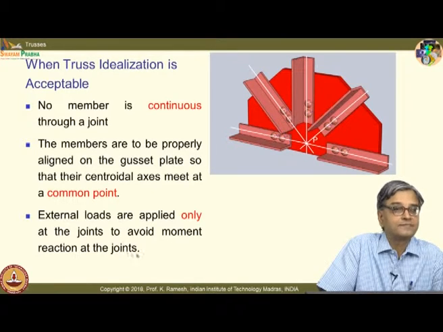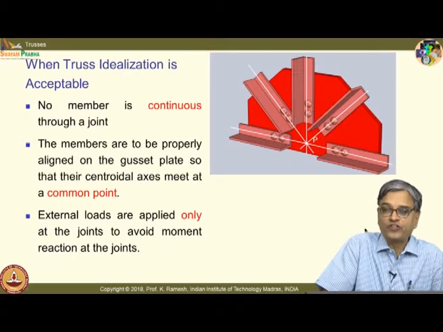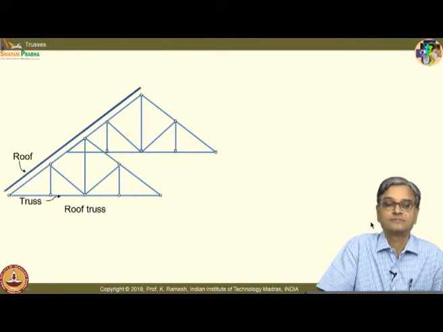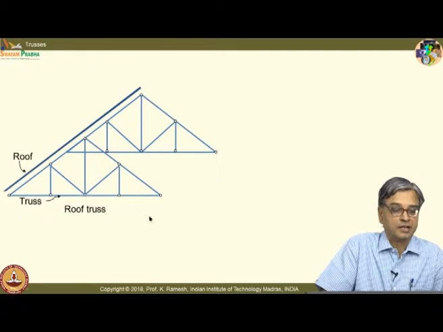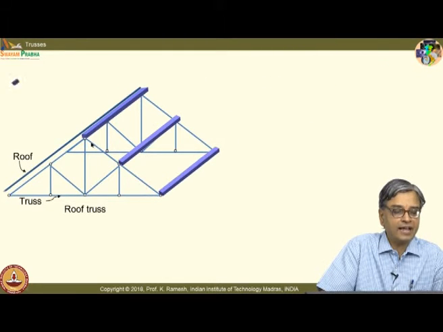This we would see. So, I am going to revisit how a roof is loaded and how a bridge is loaded. I have this as a roof truss, and I have these rafters, and these rafters are cleverly supported only at the joints.